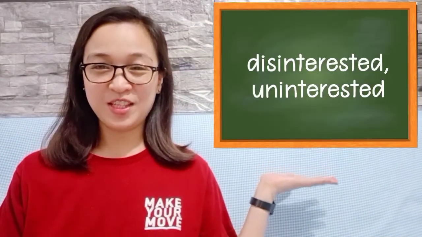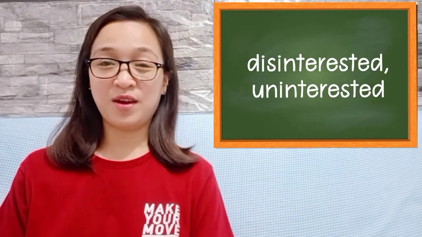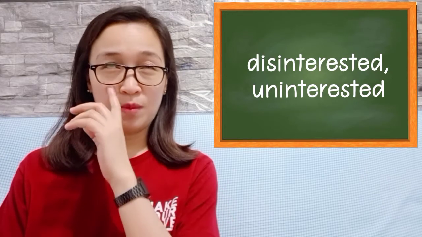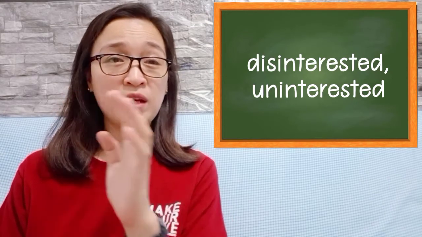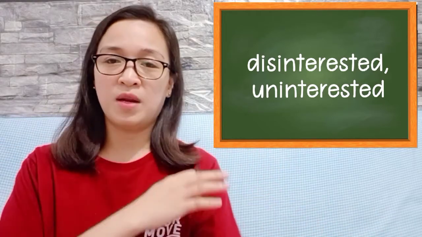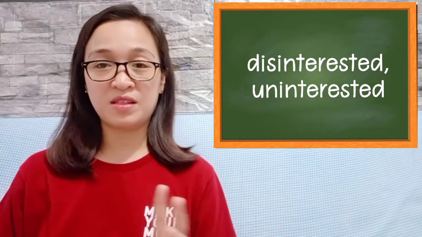All right? Okay, so the next word pair is disinterested and uninterested. These two, by the way, are both adjectives. Most people use these interchangeably, thinking that they mean the same. But I was really wondering about the difference in their prefix.